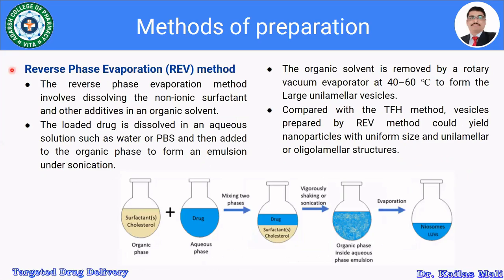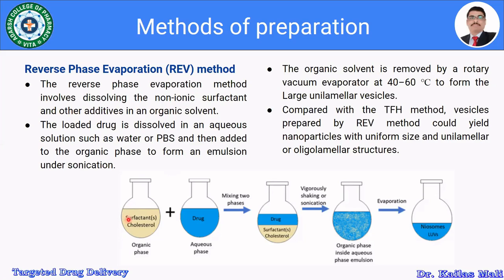Let us see the reverse phase evaporation method. The reverse phase evaporation method involves dissolving the non-ionic surfactant and other additives in the organic solvent. So the very first step is to dissolve the surfactants, the cholesterol, and whatever other things there are in the organic solvent. So here we will get the organic phase.